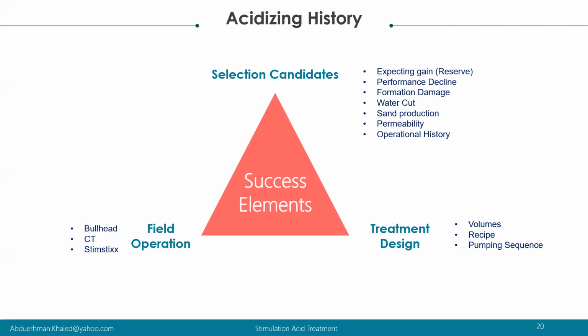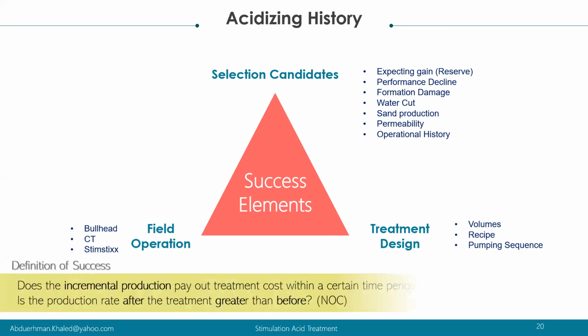Maybe most of you know them, like bullheading or coiled tubing. And there is a kind of new technology using powder acid called the stem sticks technique. In the following slides, we will see each element of the selection criteria, treatment design, and field operation in a bit more detail.